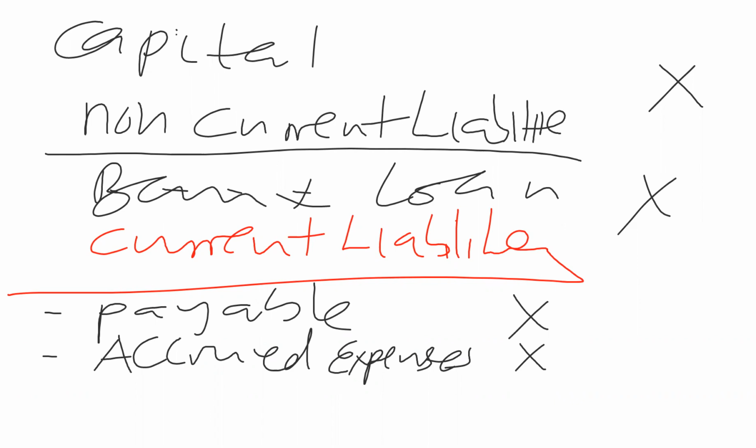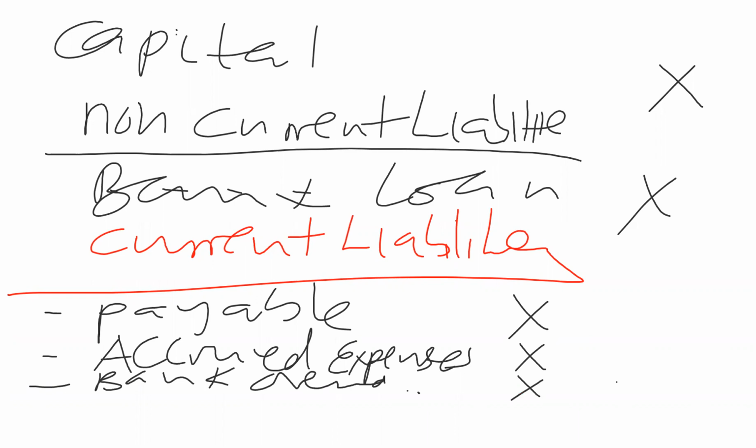For example, accrued salaries are salaries that you have to pay but haven't yet paid as a business. Add all of them and include them here. What else? Bank overdraft, all those are short term.